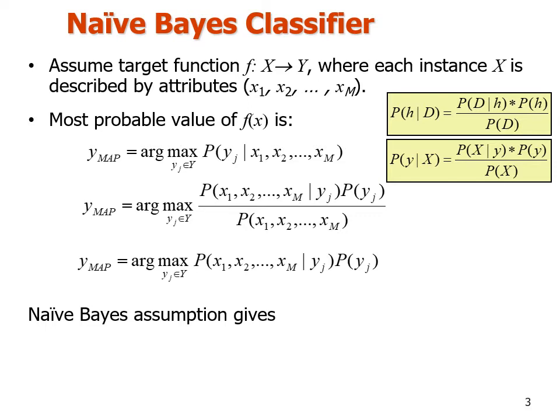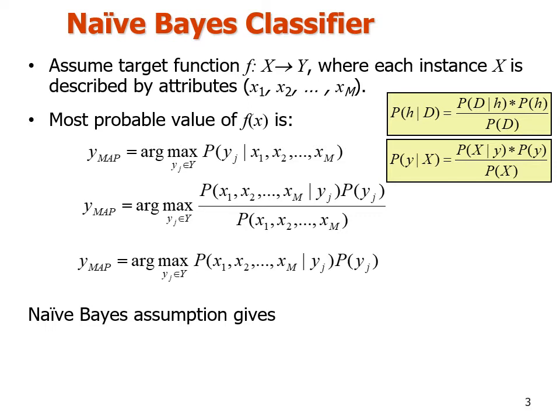Let me once again repeat this. The probability of observing the conjunction x1, x2 up to xm can be represented as the product of the probabilities for the individual attributes.